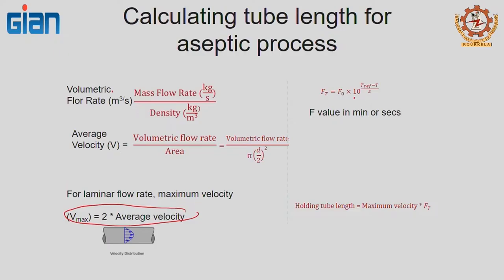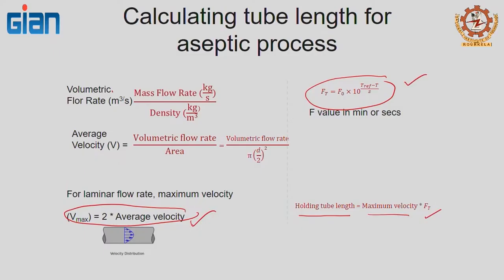Then from there you also calculate your processing time, knowing your D and z values, and from here you are able to calculate the holding tube length, which is the maximum velocity, which comes from here, and then F_T, which comes from here. So, this is what you do.